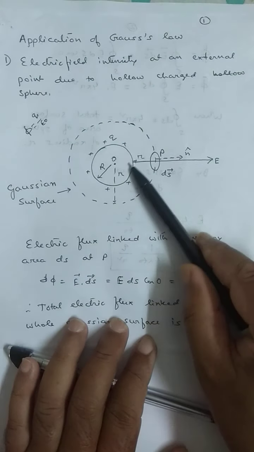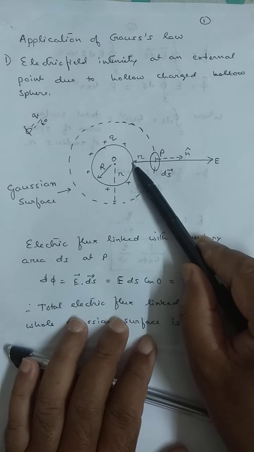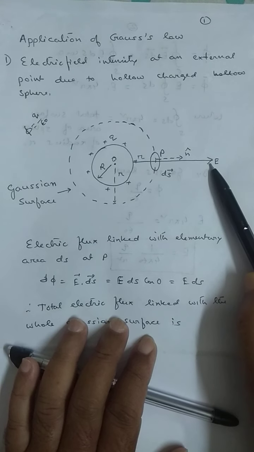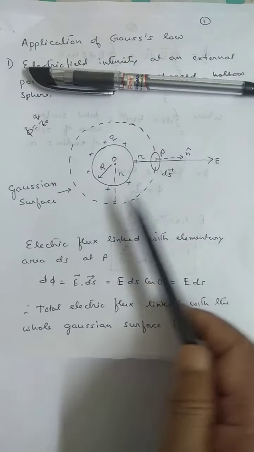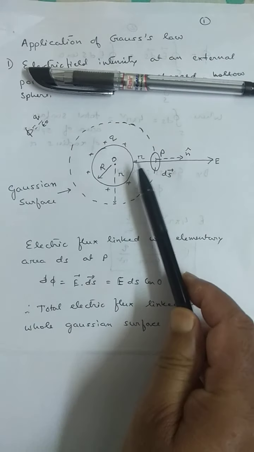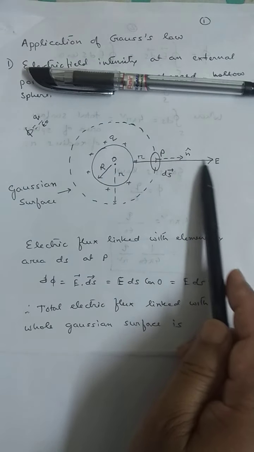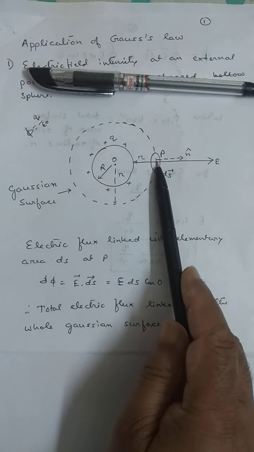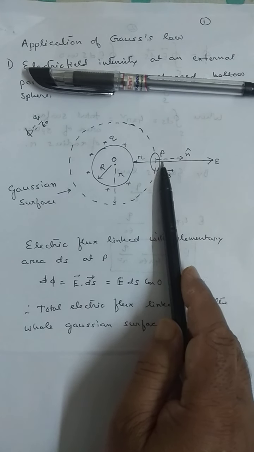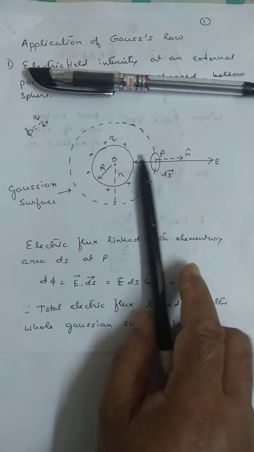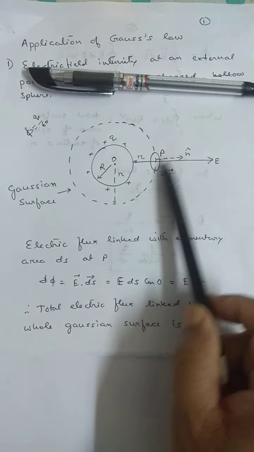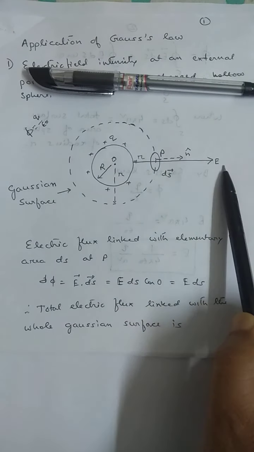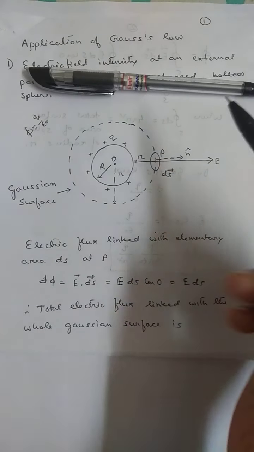So this is a positively charged body, therefore the electric field intensity is radially outward. Now if I draw an outward normal to this elementary area, this outward normal also becomes parallel to E. Yes or no?